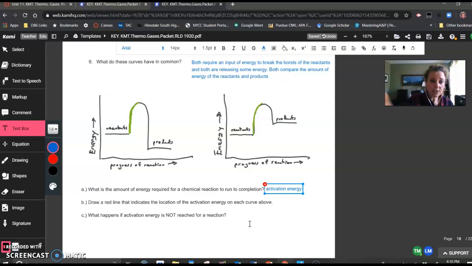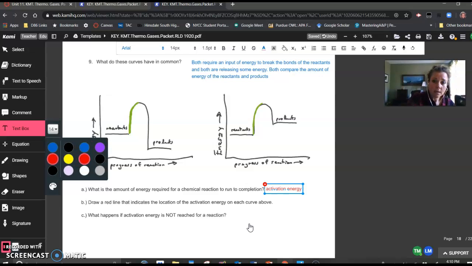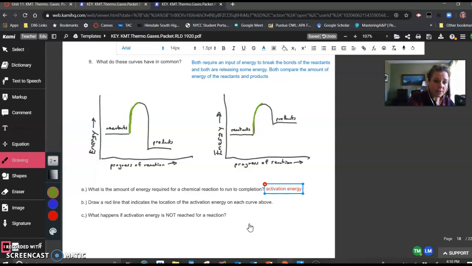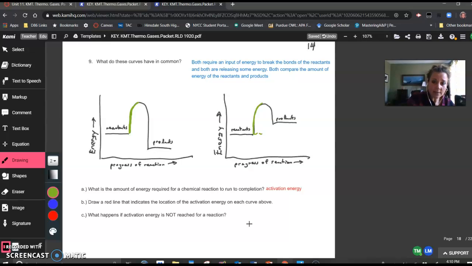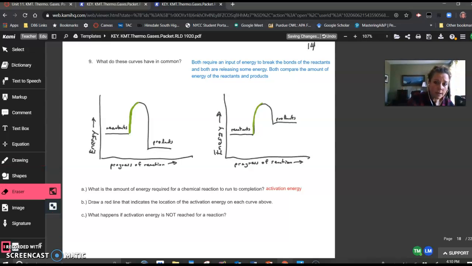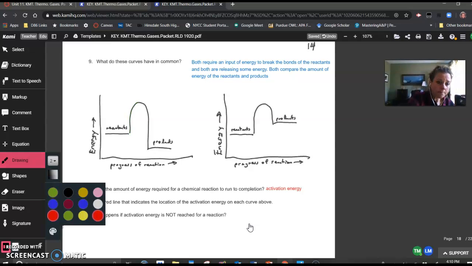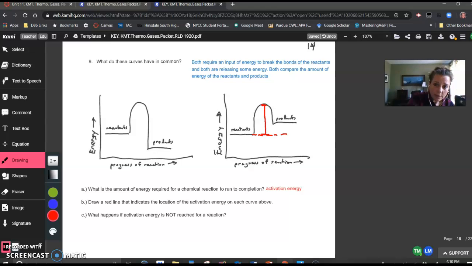Well, the line is going to start at, whoops, I need red. I'll just erase these green lines here. There we go. Okay, so the line for activation energy is actually going to start wherever the energy of the reactants is, and it goes up to the very top of the curve.